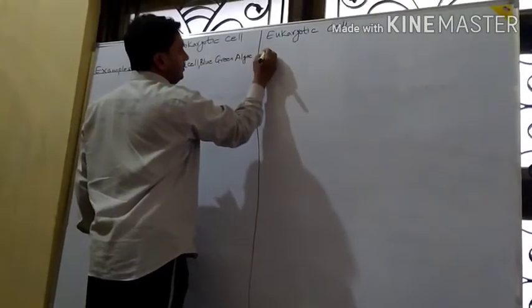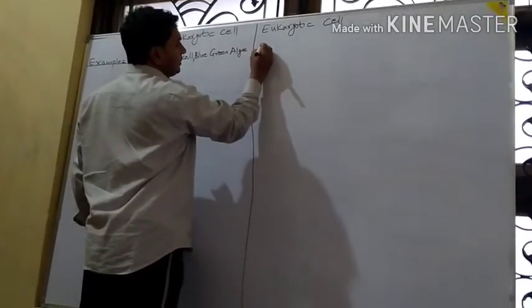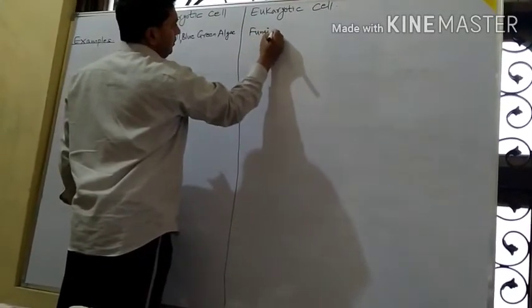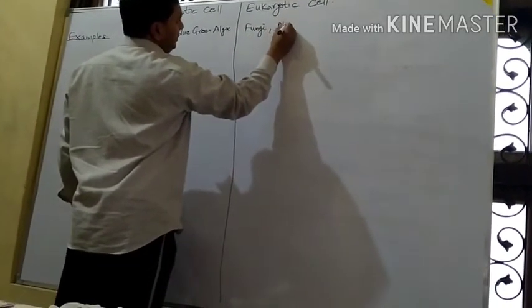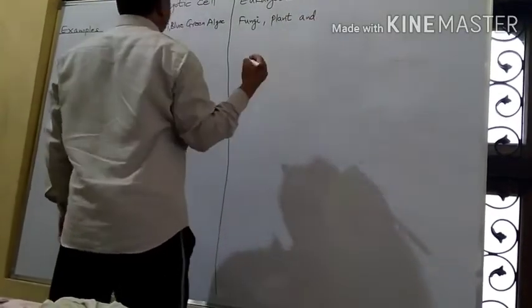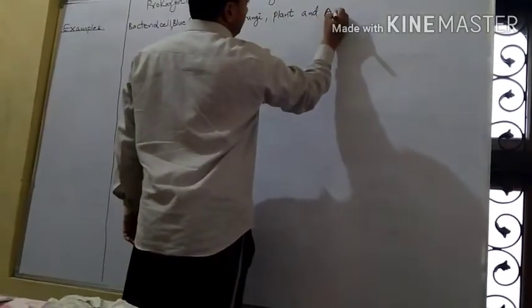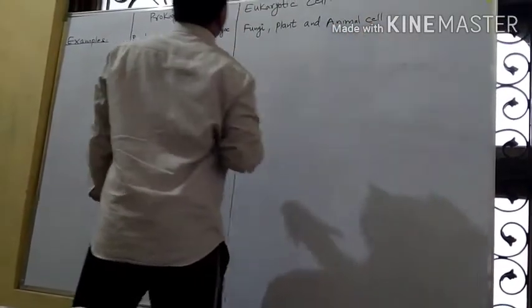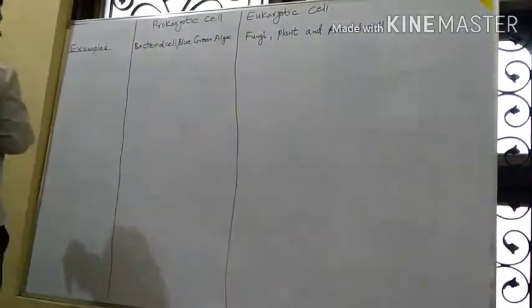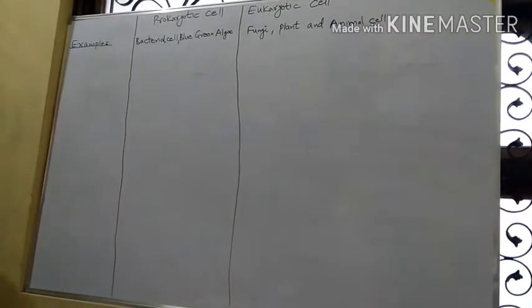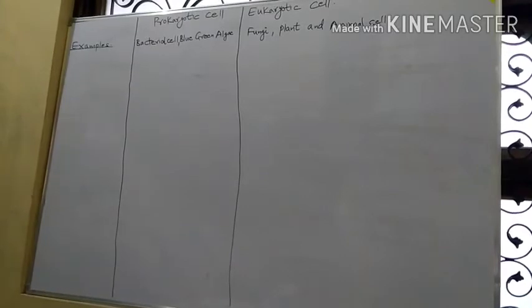Eukaryotic cells include fungi, plant and animal cells. Clear to everybody? Bacterial cells, blue-green algae; fungus, plant and animal cells.